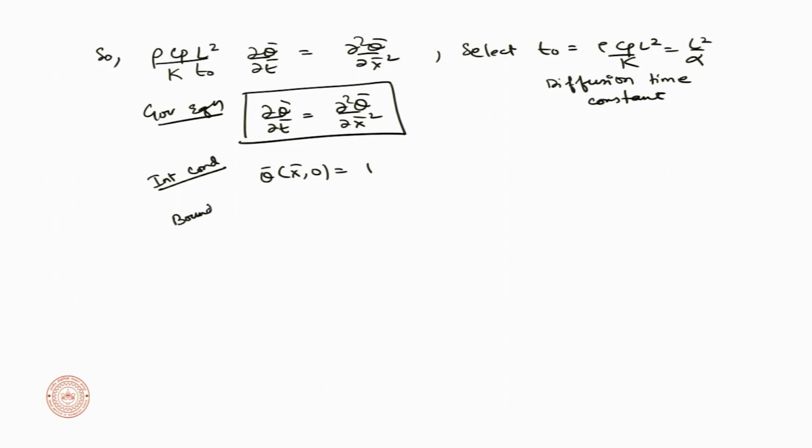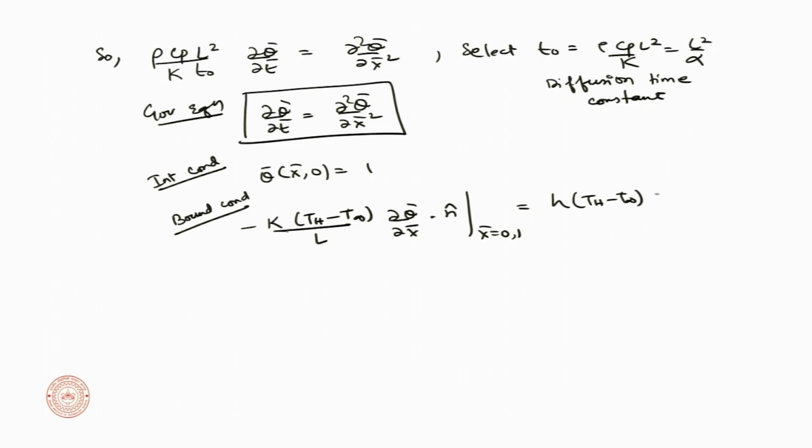Our boundary condition will be, let's write it carefully, minus k (T hot minus T infinity) over L del theta bar by del x bar dot with the surface normal at x bar is 0 comma 1 will be equal to h (T hot minus T infinity) theta bar at x equals 0 comma L and at a given time t.